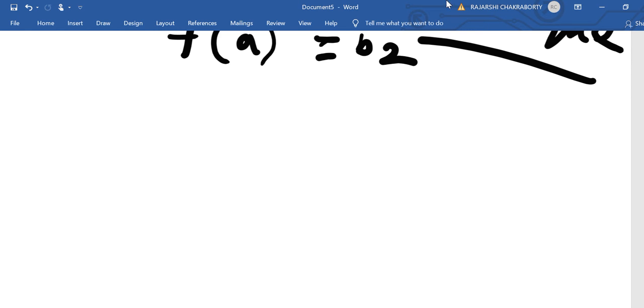Next definition that we come to is what is a binary operation or a binary composition. So let S be a non-empty set.